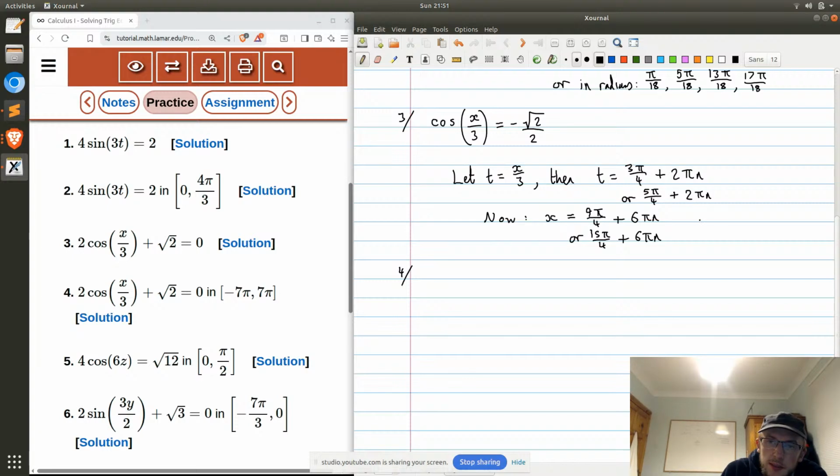Oh, I should say. So I suppose 9 pi over 4. Now, that already exceeds 2 pi. So if I add 6 pi n, I will go past the range.